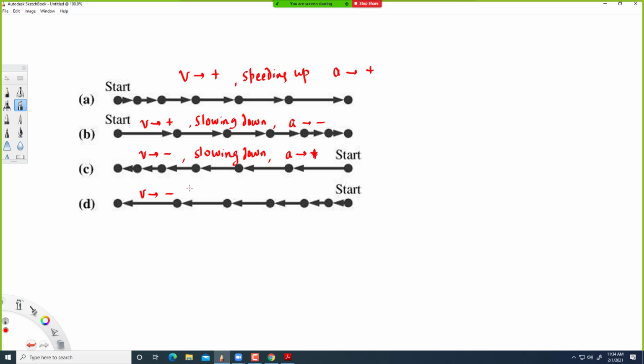Here it's speeding up, so acceleration would be negative. So you can now answer which arrows represent the negative acceleration motion. This one and this one, B and D, right? B and D.